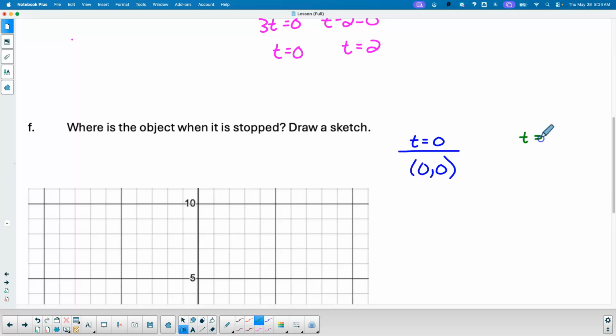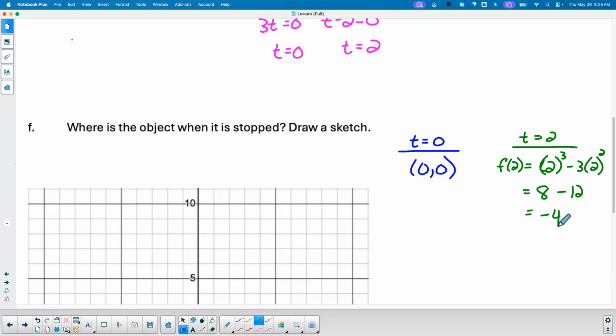At t equals 2, I've got to figure out what f of 2 is. So that's going to be 2 cubed minus 3 times 2 squared. 2 cubed is 8. 2 squared is 4, times 3 is 12. 8 minus 12 is negative 4.